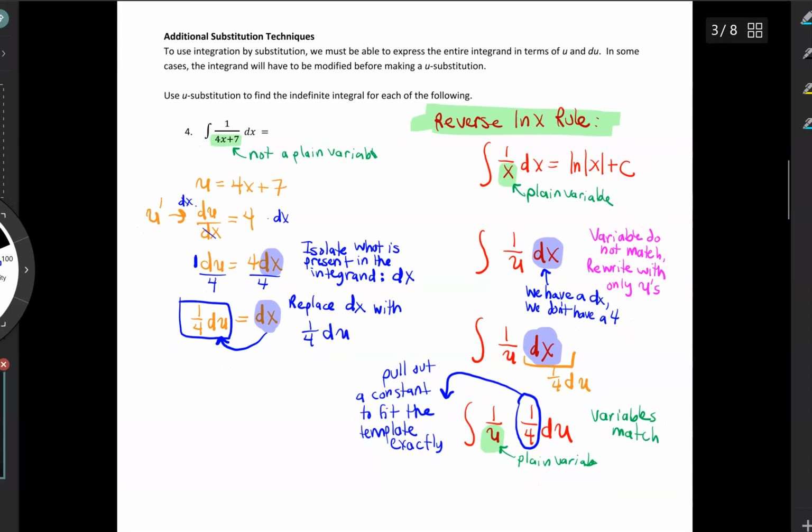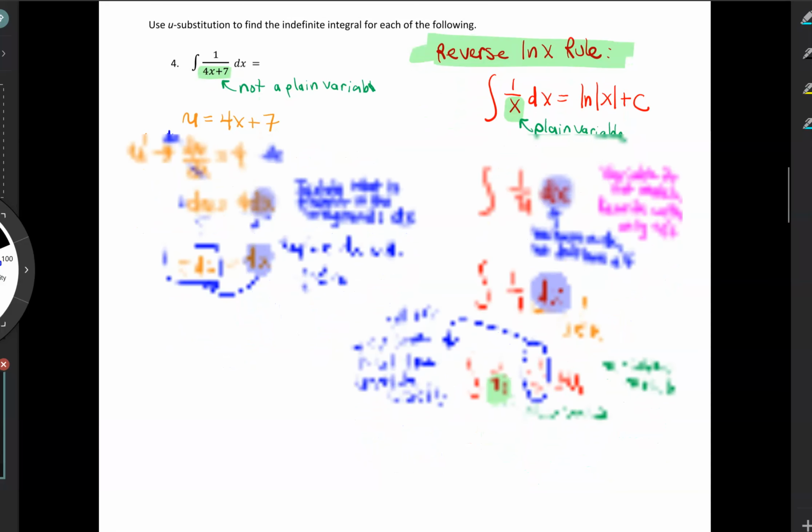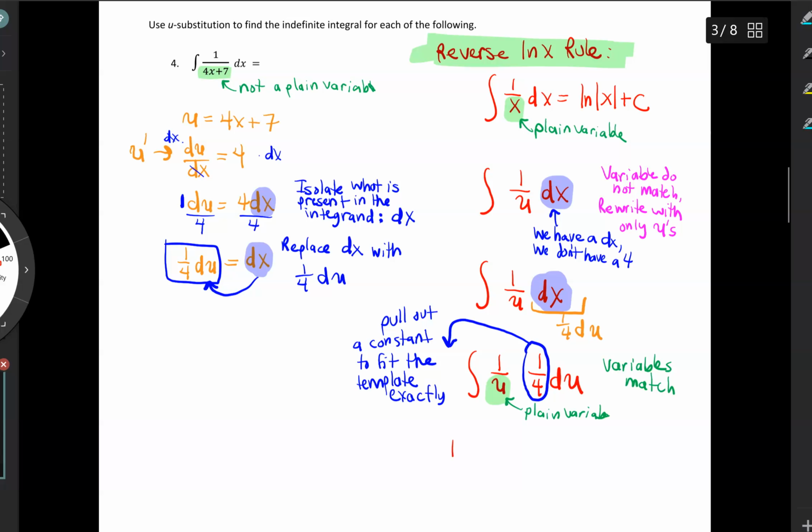So when I do all that, this is what it's going to look like. 1/4 integral of 1 over u du. Now we fit the template exactly. Or I should say the basic rule instead of the template.